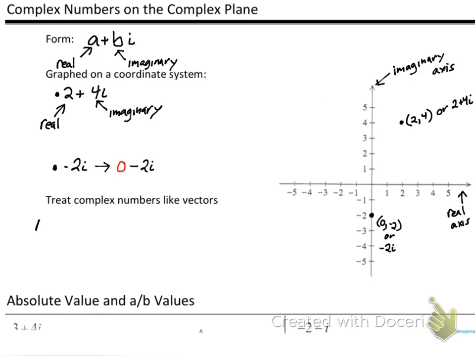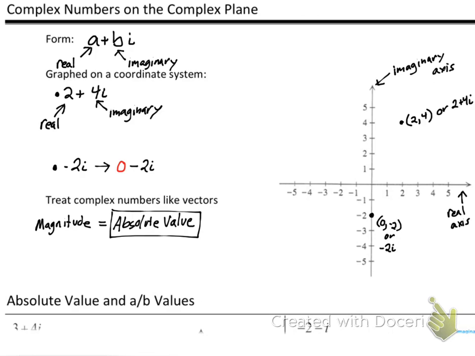However, with imaginary numbers, that magnitude that we are using for our vectors is actually going to equal the absolute value of our complex number. So anything I did with magnitudes, we are going to use to find the absolute value of our complex numbers.